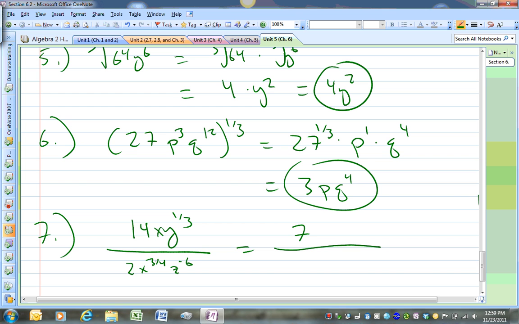Then you want to do x to the 1 minus x to the 3/4, which is x to the 1/4. The y to the 1/3 stays where it is, and the z to the 6th comes up top. So there's nothing left in the bottom, so you put a 1. And notice again how x is x to the 1 power, so I subtracted those exponents. So I just get 7 x to the 1/4, y to the 1/3, z to the 6th power.